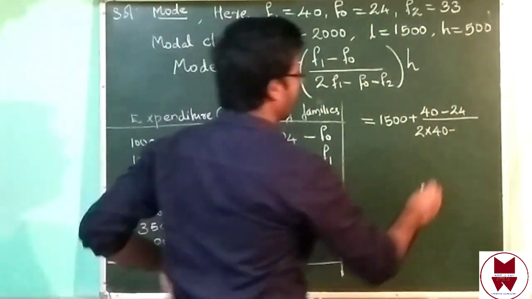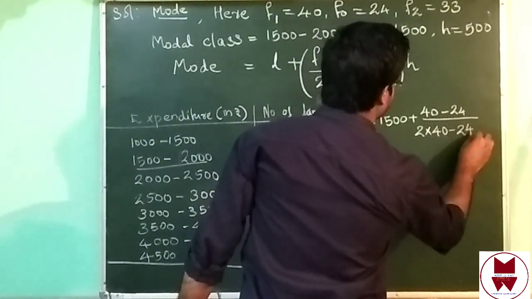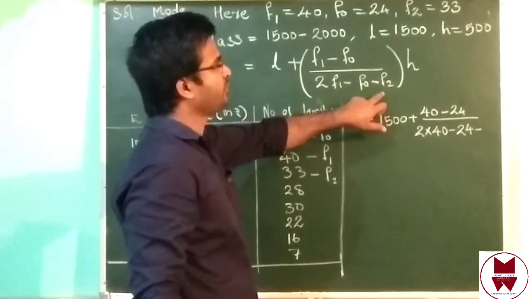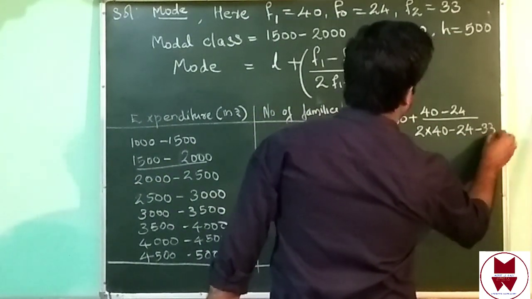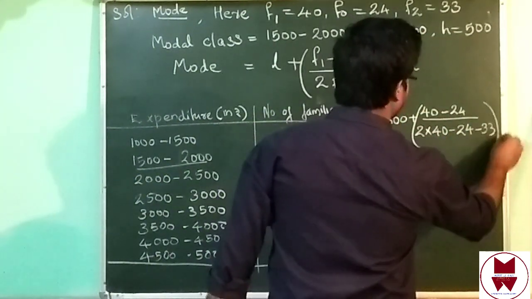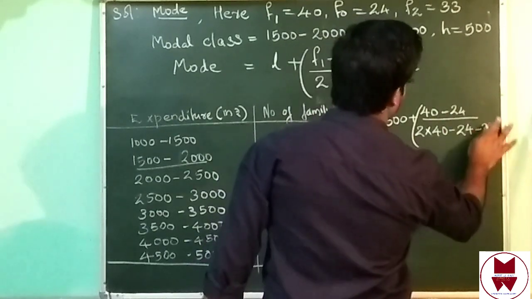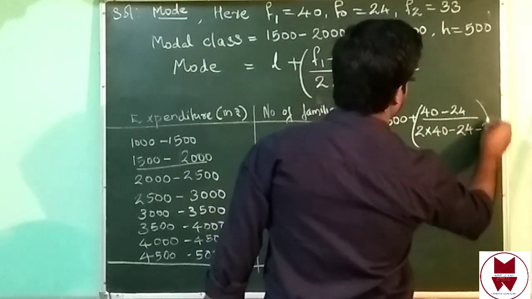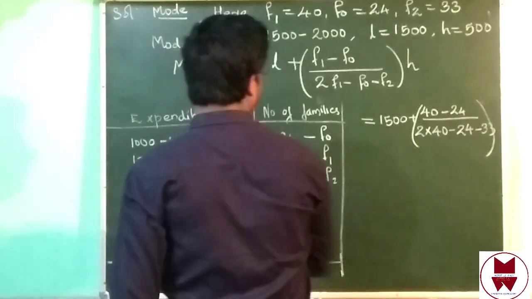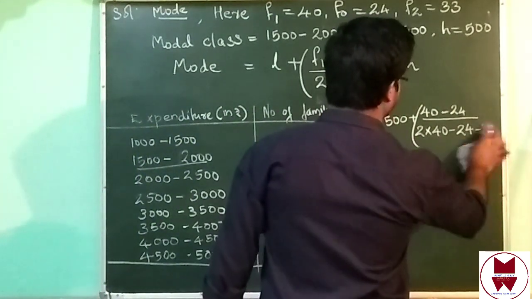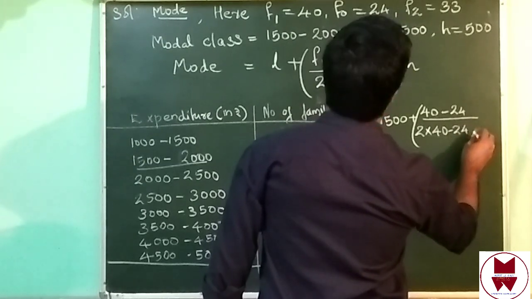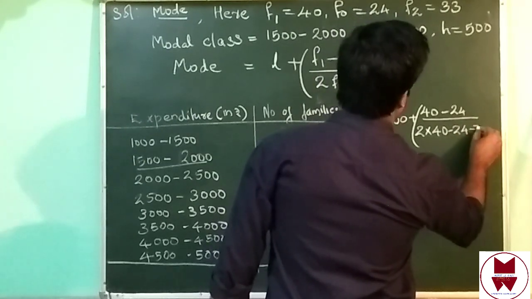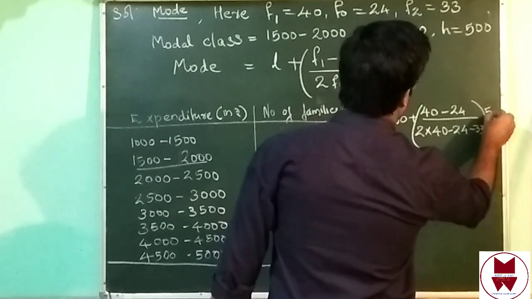That is 24, minus F2. F2 is 33, into H. H is 500.